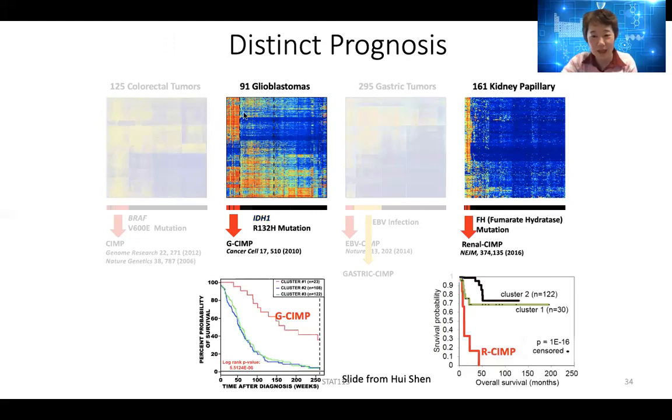And in both cases, they have very different survival. So for example, with IDH mutation, when the patient has this mutation, they respond better to treatment. Whereas for kidney cancer, when they have this particular mutation, the epigenetic status and different metabolism, they have much worse survival.